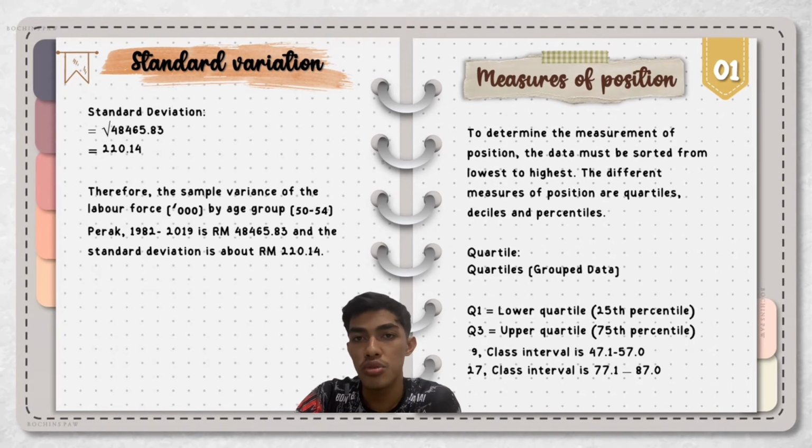Okay, measure of position. To determine the measurements of position, the data must be sorted from lowest to highest.